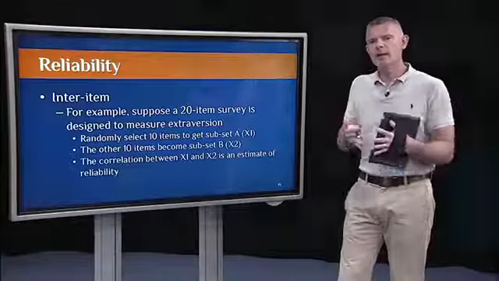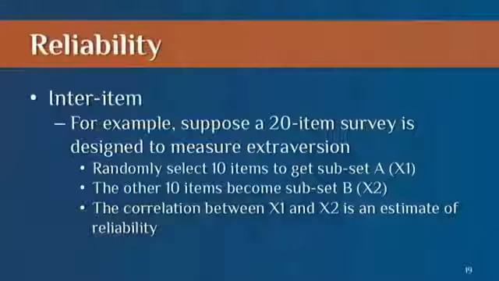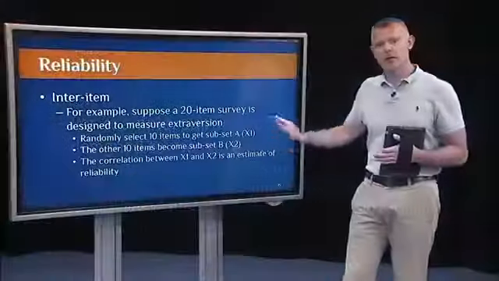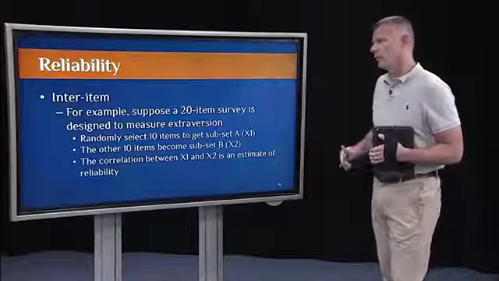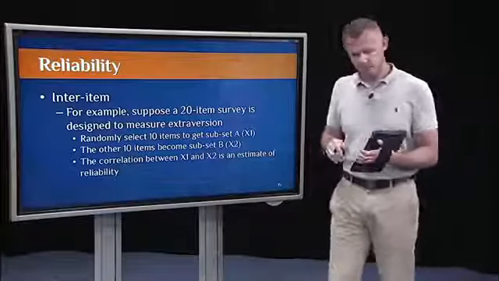If they're all getting at this one personality trait, extraversion, then subset A should be correlated with subset B, and that correlation will be used as the reliability estimate. This is a very common method in the social sciences. It's called inter-item estimates of reliability.